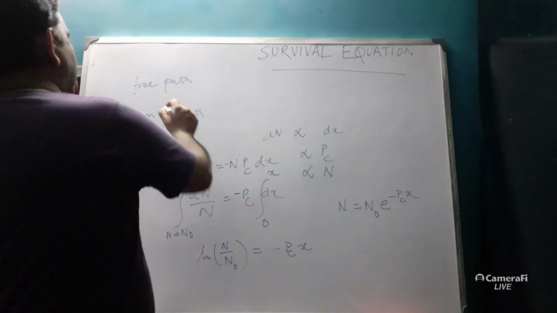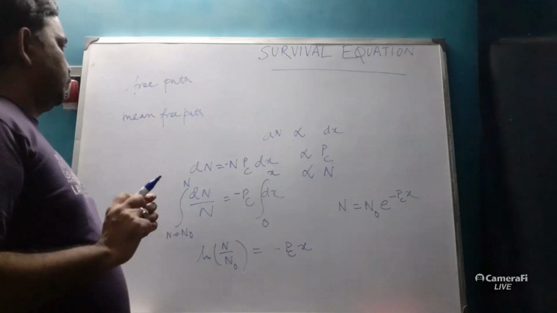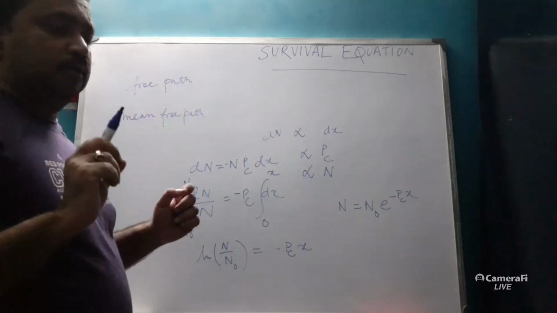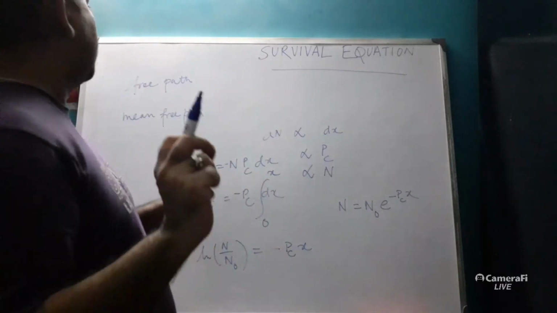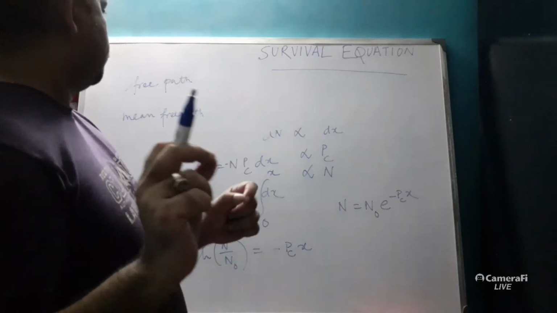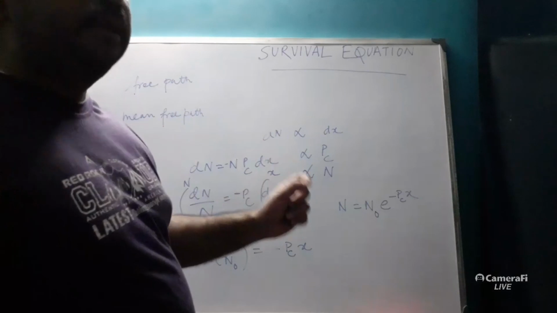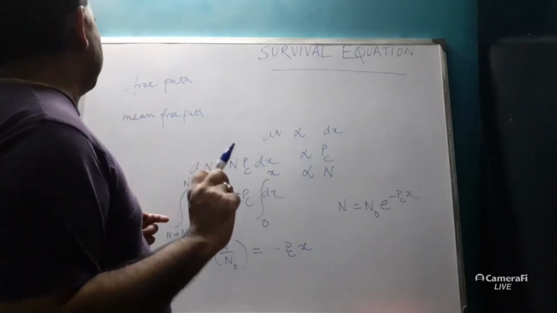And mean free path is the mean of all the paths. For example, if molecule 1 travels distance x1 as free path, molecule 2 takes distance x2 as free path, so if you take the mean of all this, then it arrives to mean free path.